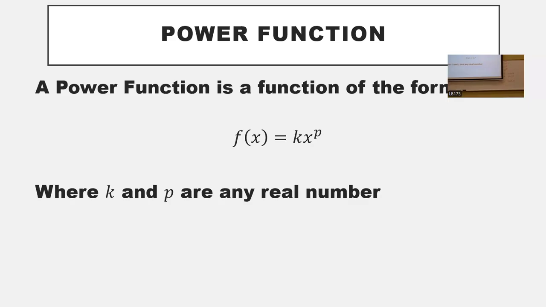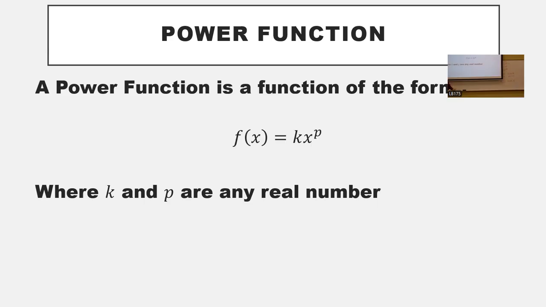Now you'll notice that there's only one term in a power function. And that's very key here. One term in a power function. So we have a constant times x to a power. And that power can be any real number. It could be negative 8. It could be negative 1.3.